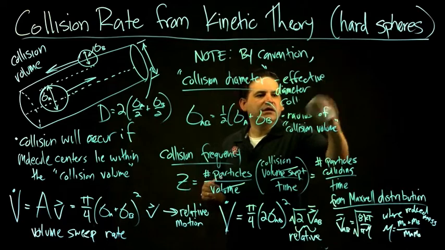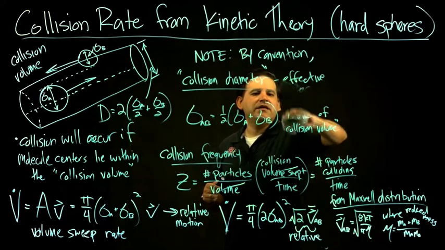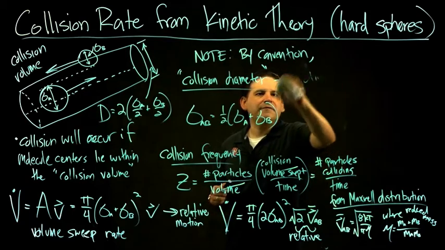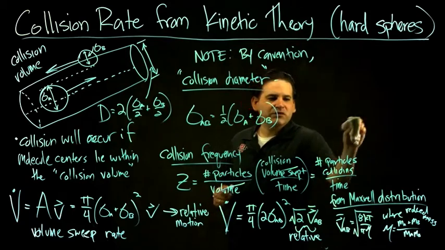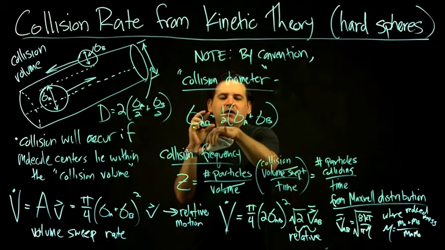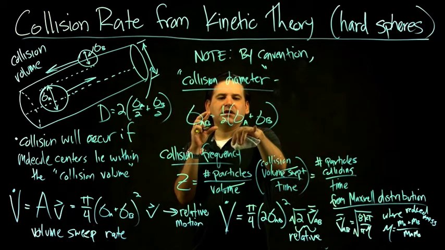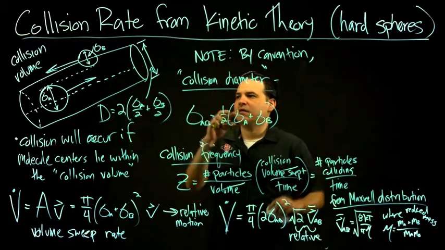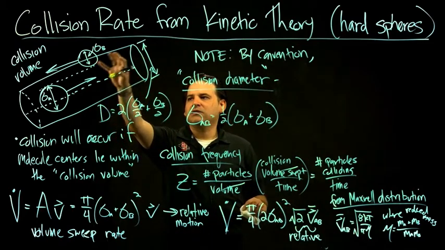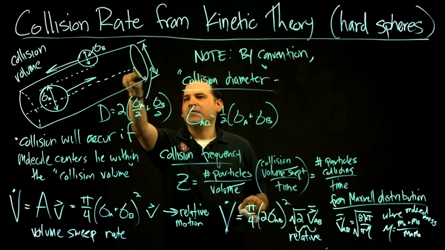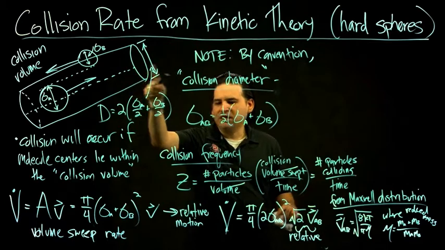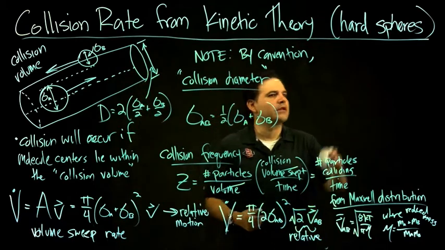It's making up a diameter of a sphere based on the particles that are colliding. You're making one diameter out of these two radii of the colliders, and the same thing is in terms of what this collision volume is. The collision diameter is the radius of this collision volume. Okay.